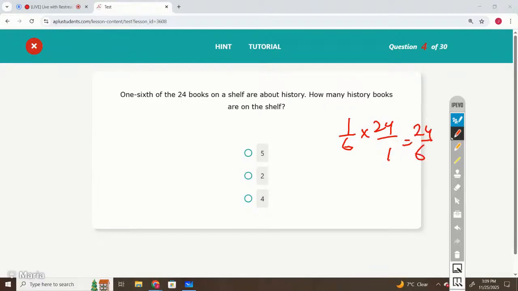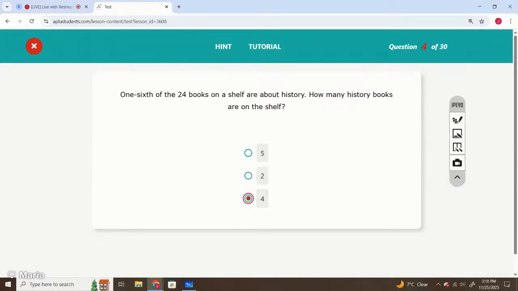So which is the correct option? That is 6 times 4 is 24. The correct option is 4.